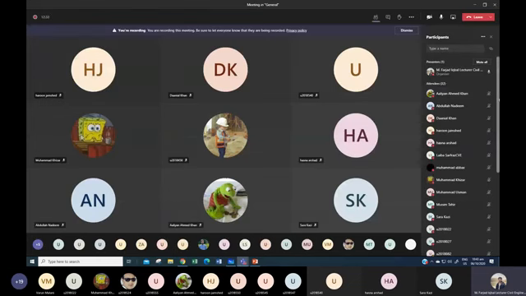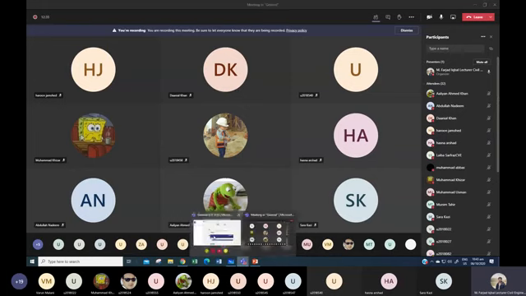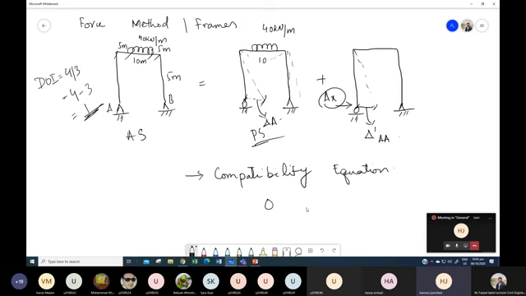Harun. So delta A plus delta dash AA is equal to 0.